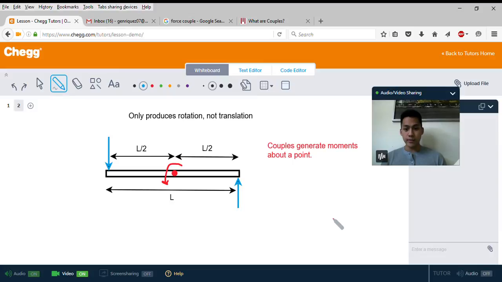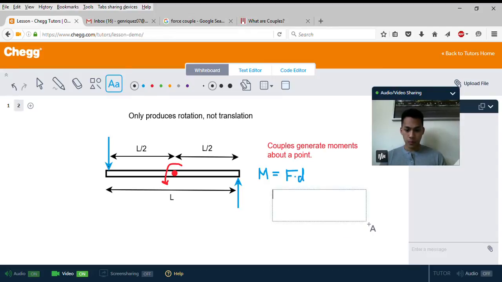So essentially, since it's rotating, the couples are generating a moment about a point. Now, to calculate that moment is really simple. The equation for moment is equals force times the distance from the pivot. So first we calculate the moment from this first blue arrow. That would be F times L over 2, because that is the distance from the point that the force is acting on from the pivot.